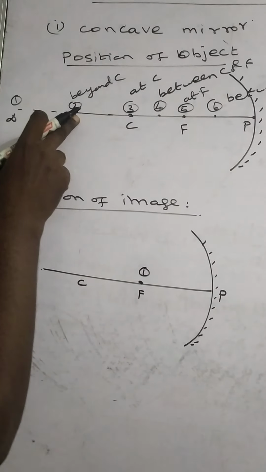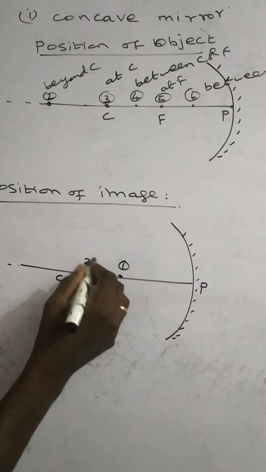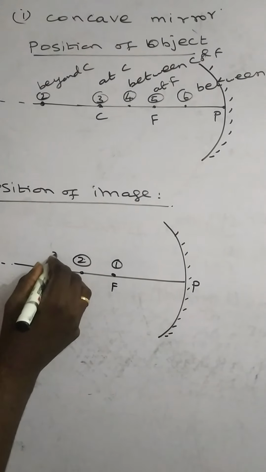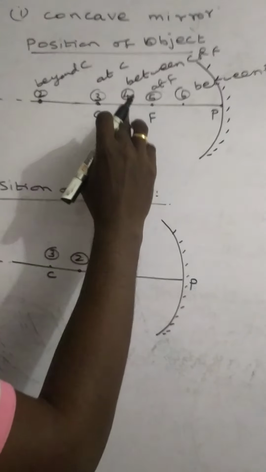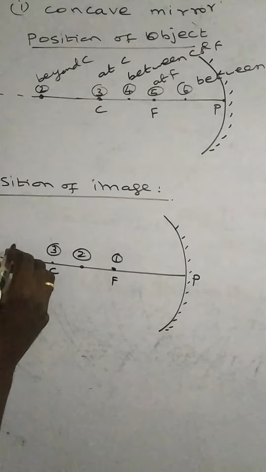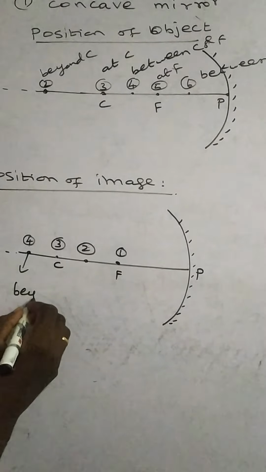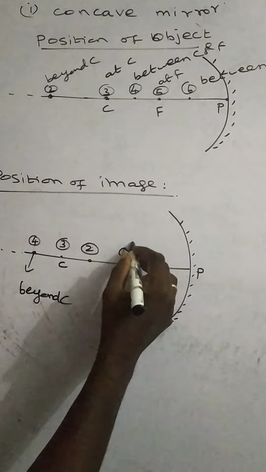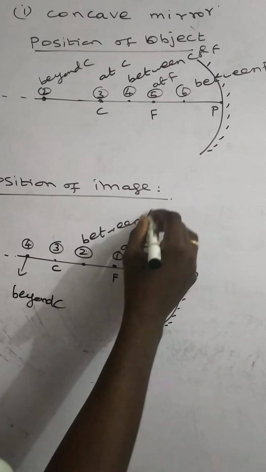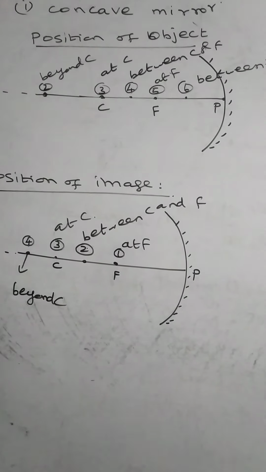Then object located beyond C, image is obtained between C and F. Third, object at C, image is also at C. Fourth, object placed between C and F, image is obtained beyond C.